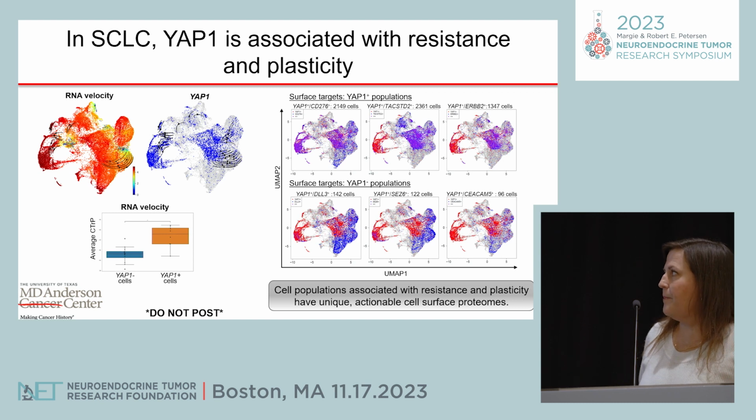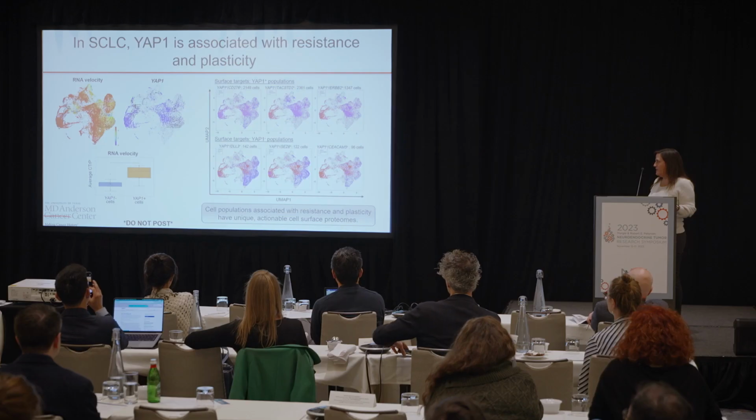And to take it back to the surfacome targets, we see that some of these surfacome genes are co-expressed in YAP1 positive populations. So specifically B7H3, TROP2, and HER2 are expressed in the same populations that YAP1 is expressed in. And sorry, YAP1 is the red cells in this case, and the blue cells are the other targets.